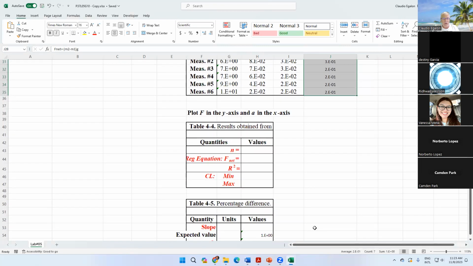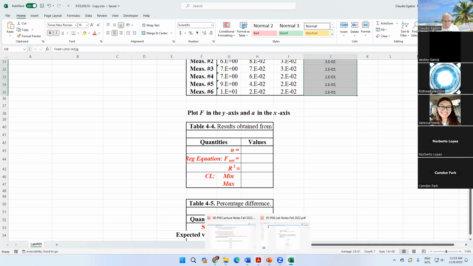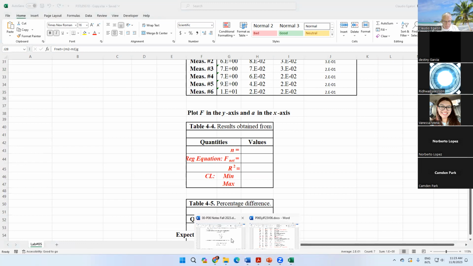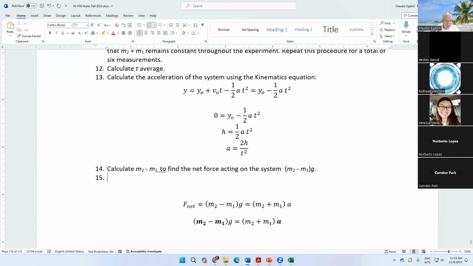We are going to plot F net along the y-axis and a along the x-axis. That's what you have to do for this experiment.